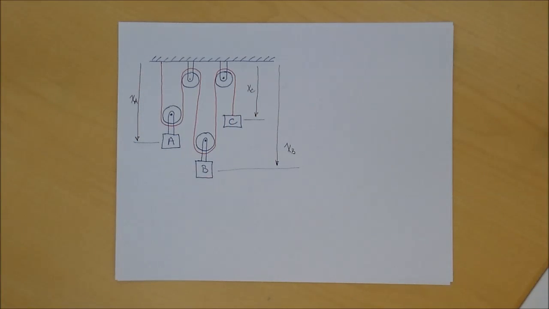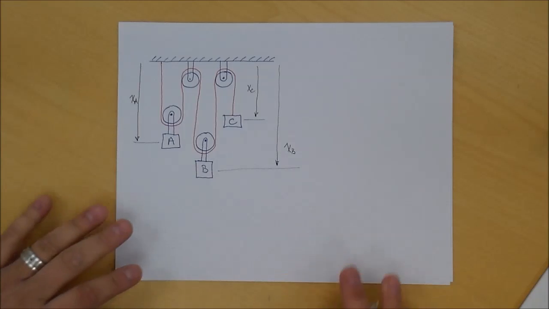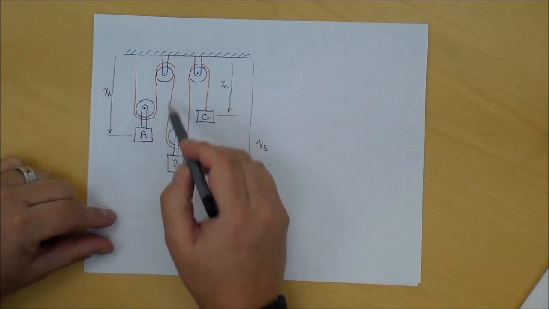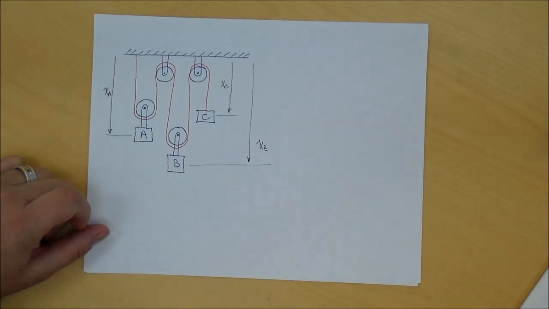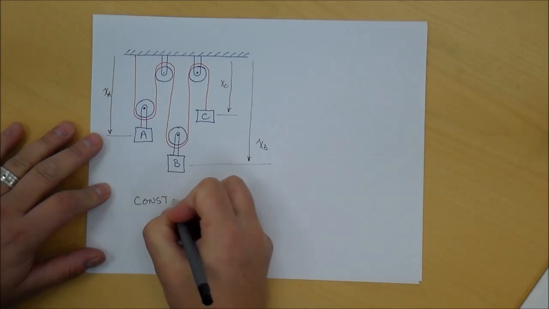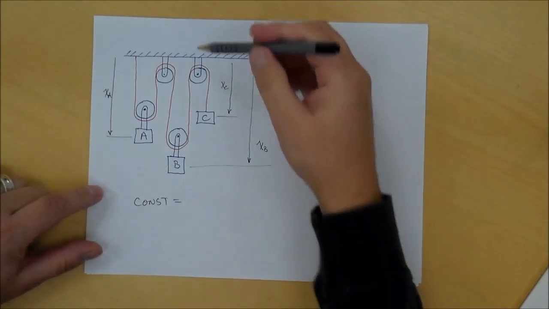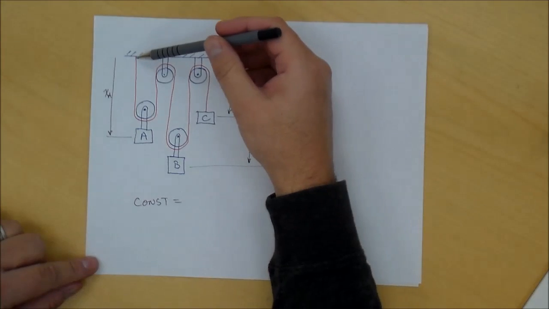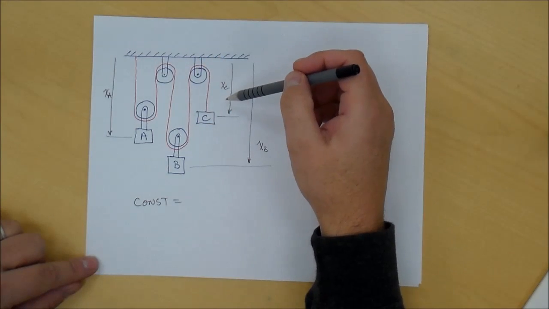So now let's go through the same exercise as before. We'll do it a little bit more quickly this time, recognizing, again, the length of the rope is a constant, right? So I can say that a constant is equal to, well, here's how I go about figuring out these constraint equations. Go from one end of the rope and work your way to the other end.